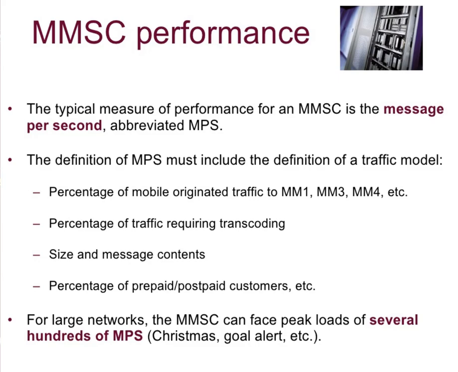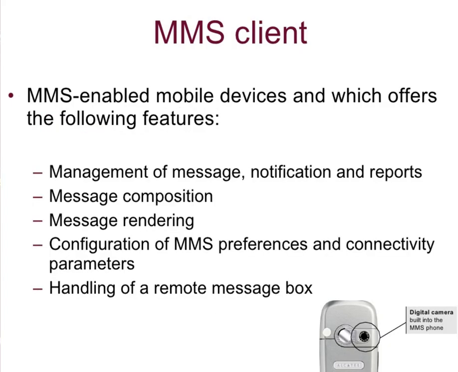For a larger network, MMSC can face several hundreds of MPS, for example on Christmas or a specific day which has a huge amount of transmission. So this performance is calculated by the MMSC.